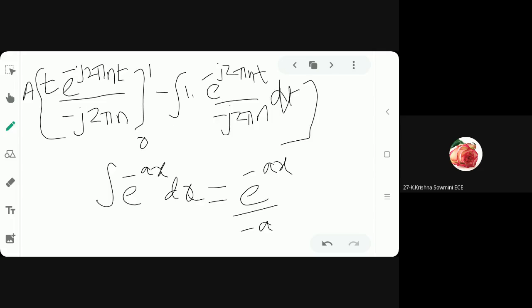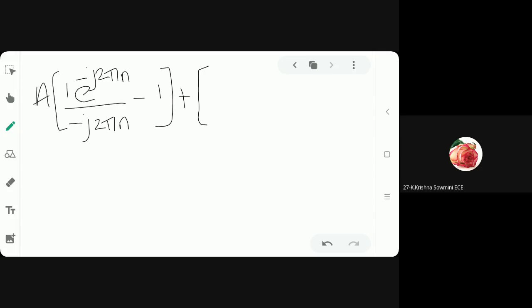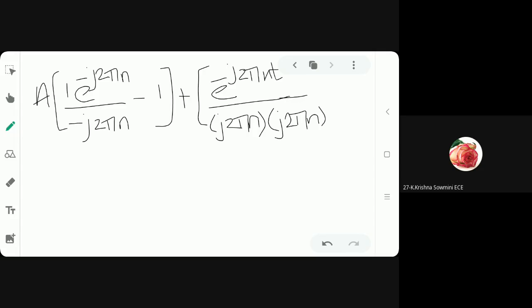So this minus minus will become plus. Integration of e power minus j 2 pi nt will be e power minus j 2 pi nt by already we have a j 2 pi n. Now we are going to get another j 2 pi n, so it will be 4 pi square n square, because what is j square equal to? Minus 1.